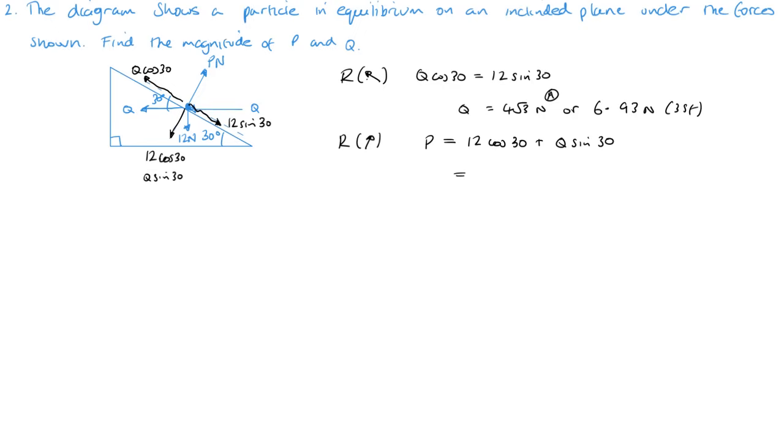I've already got Q in my calculator, so times that by sine 30 plus 12 cos 30, and I get 8 root 3 newtons, or 13.9 newtons to 3 significant figures there. So those are my two answers for P and Q. It's a very straightforward question.